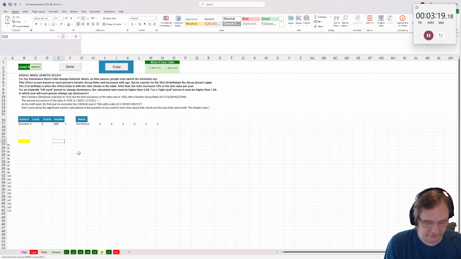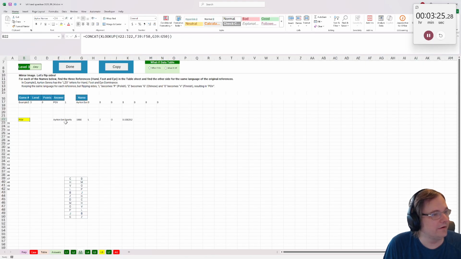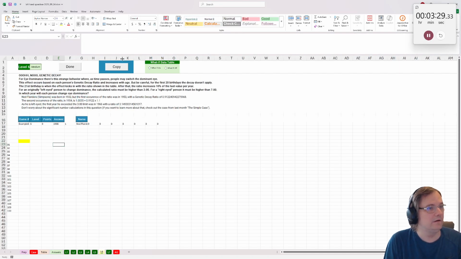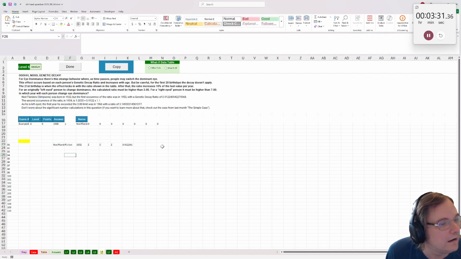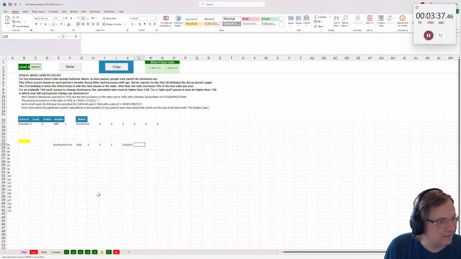Okay, so for genetic decay, probably need to know a couple things about a person that I'm going to take from their data table. I need to know their threshold, right? Which is based on this stuff.